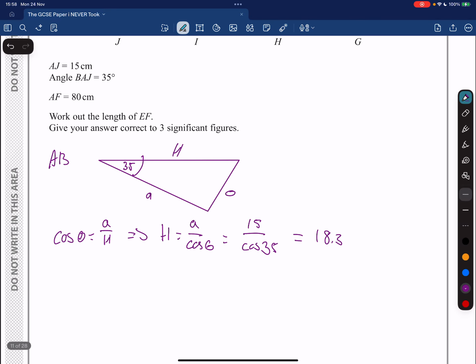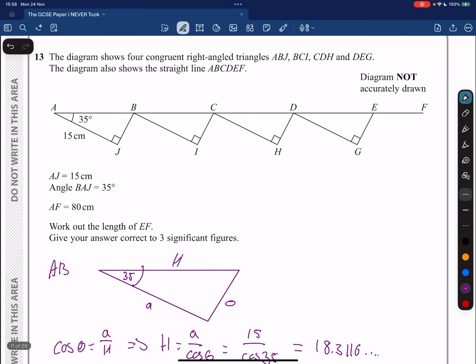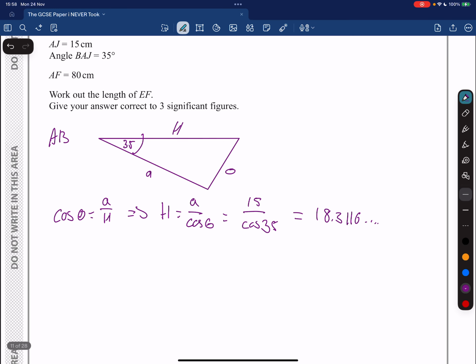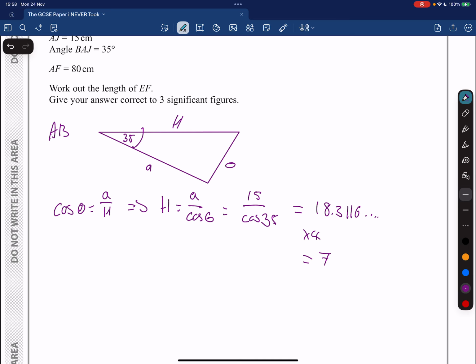It took us 3 significant figures, so 18.3 on 16, and there's 1, 2, 3, 4 of them. So we need to multiply this value by 4. And this is 73.24647.